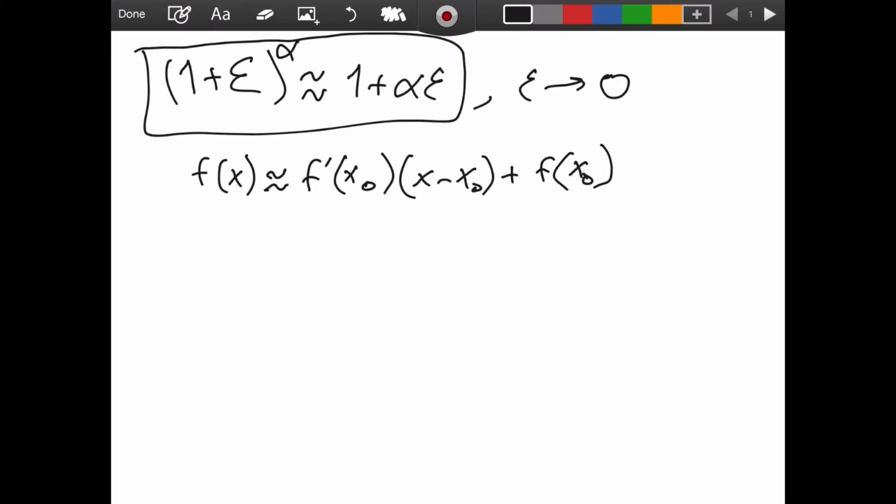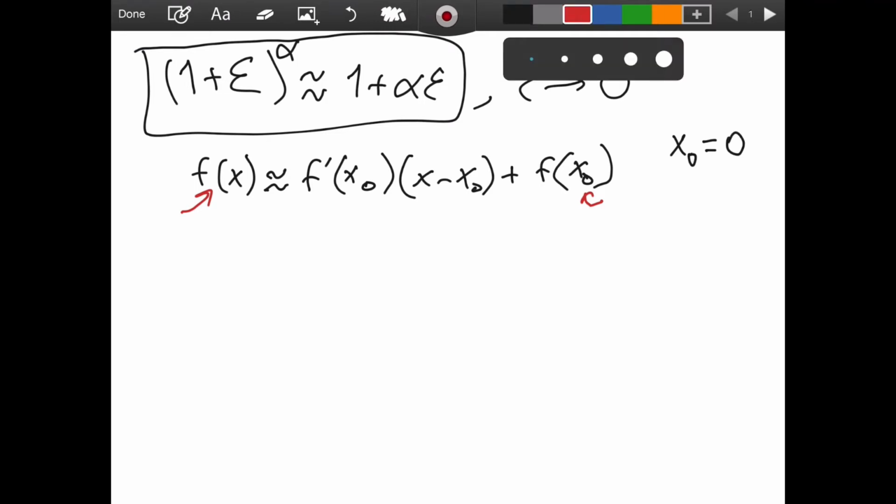When we look at this formula, we see that first we need to define a function f, and then we need to choose a starting point x naught. In our case, we will choose x naught as 0, because we are interested in the case where epsilon is approaching 0.